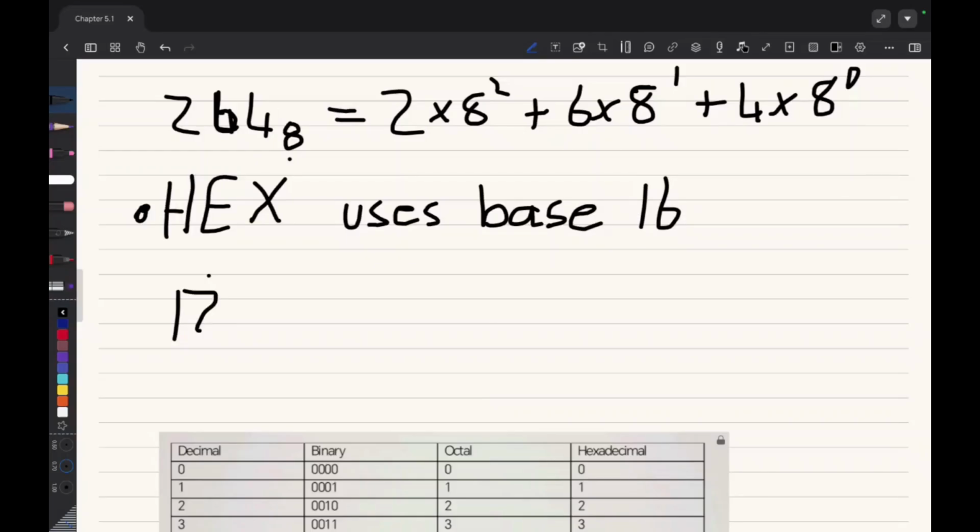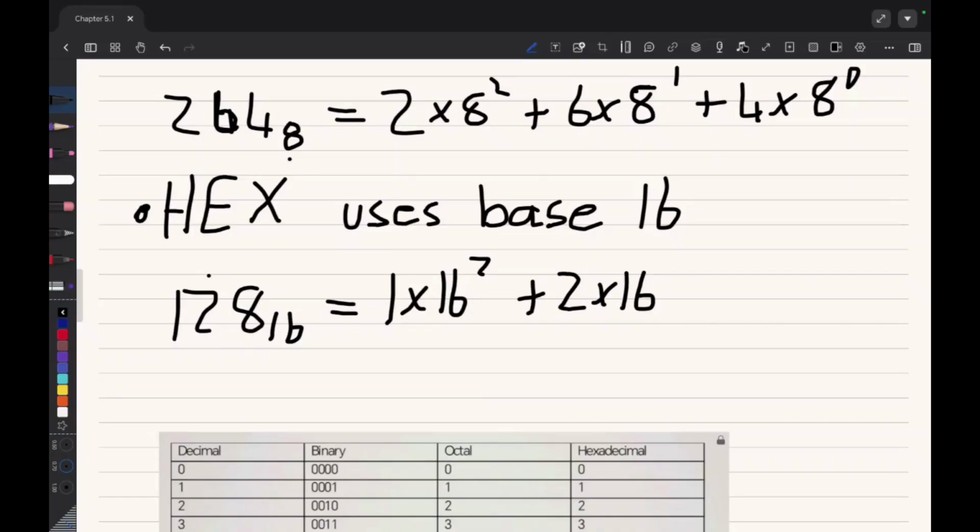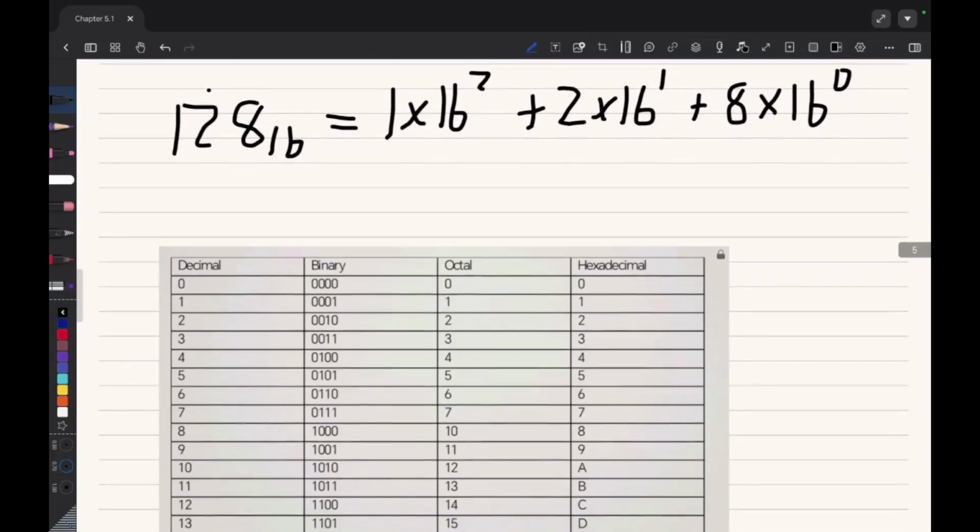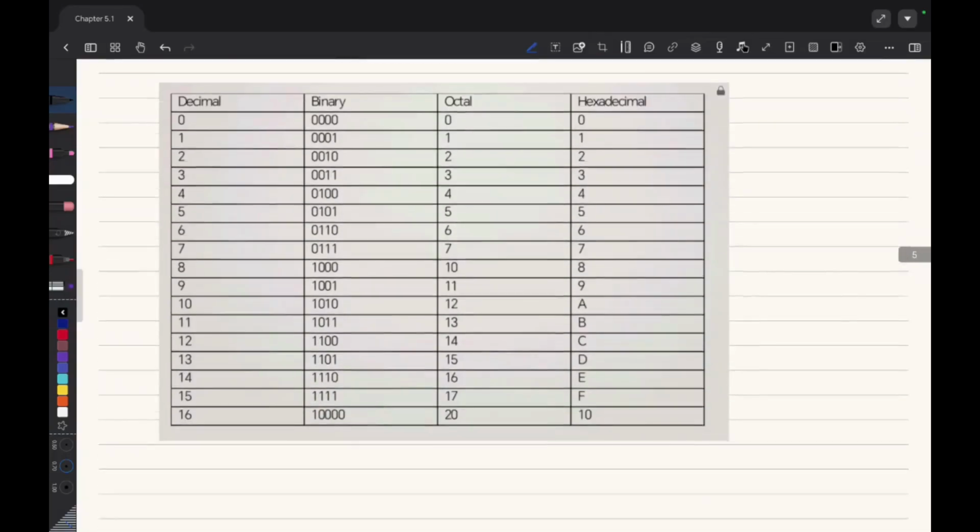A random number, 128 to the base of 16, which is going to be 1 times 16 to the 2 plus 2 times 16 to the 1 plus 8 times 16 to the 0. Right? That's that.